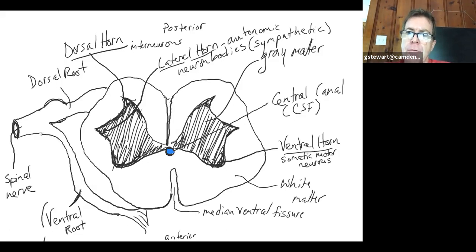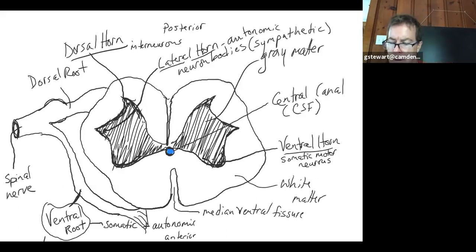Functionally, this ventral root carries both somatic and autonomic neurons in it. So that's the basic gist of how this thing works, anatomically and location-wise.